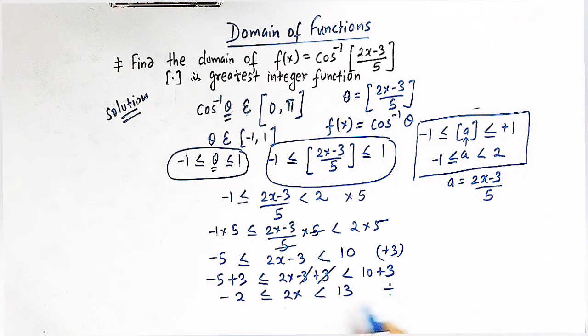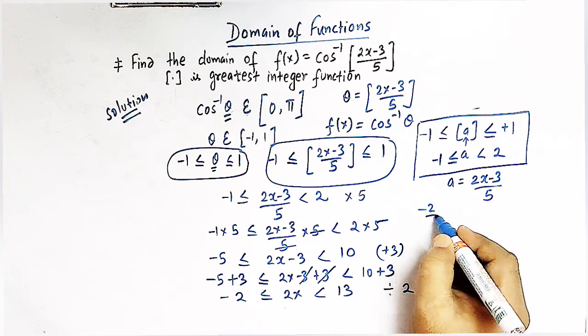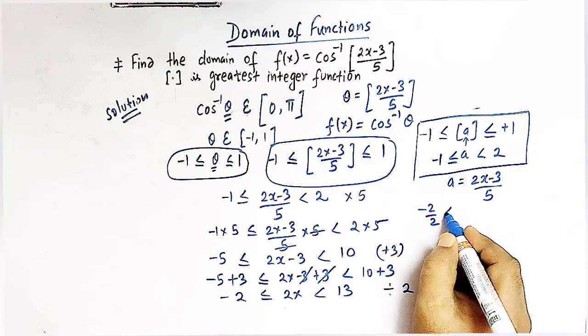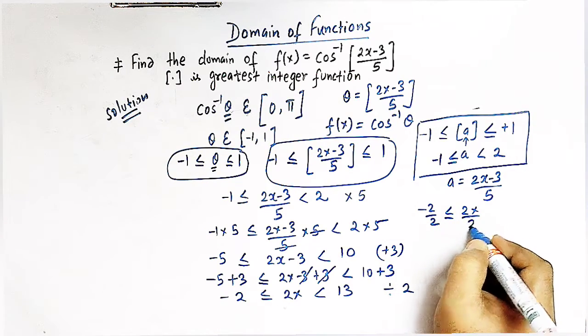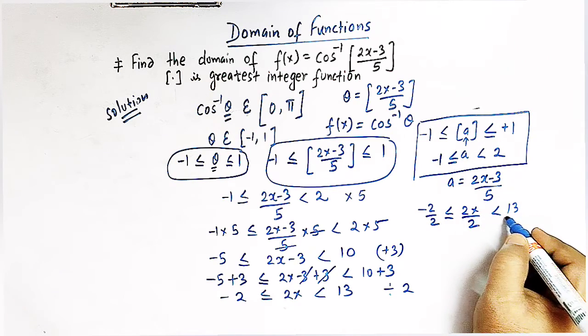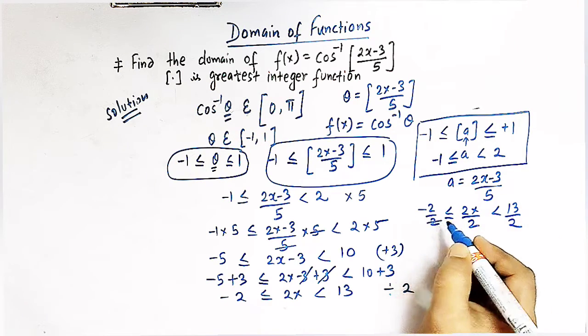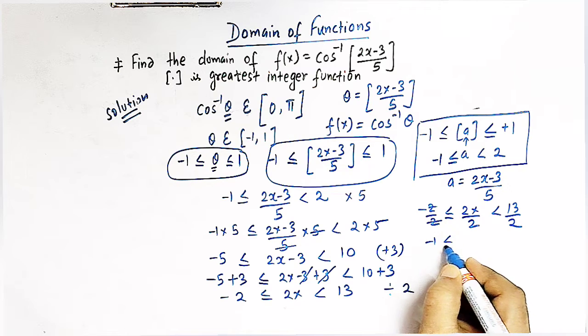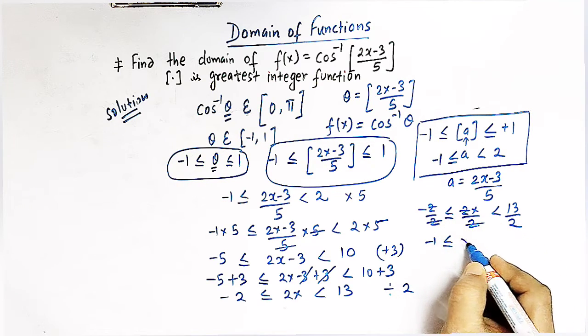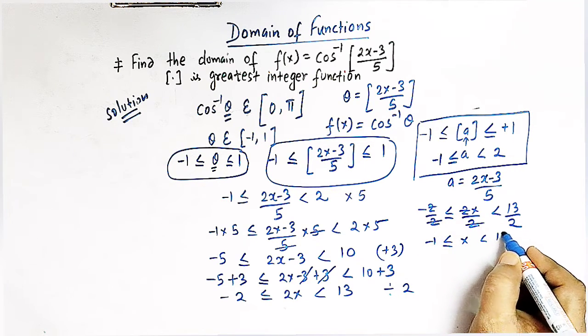Now let us divide throughout by 2. So we have minus 2 over 2, then here we have 2x over 2, and here we have 13 over 2. So this 2 and this 2 get cancelled, and here we have simply x, and here we have 13 over 2.